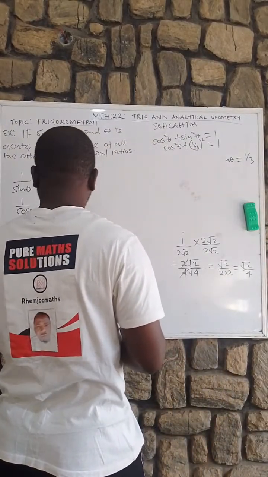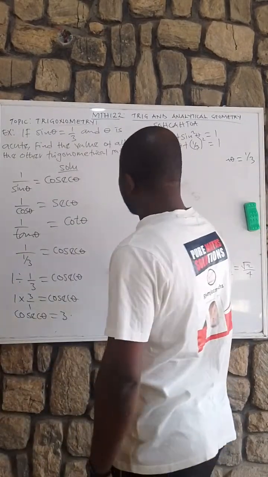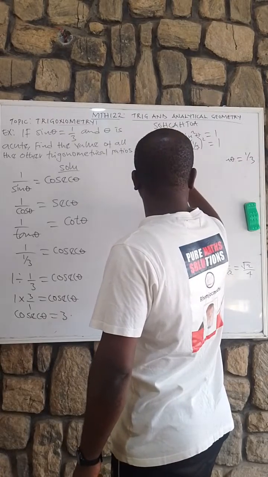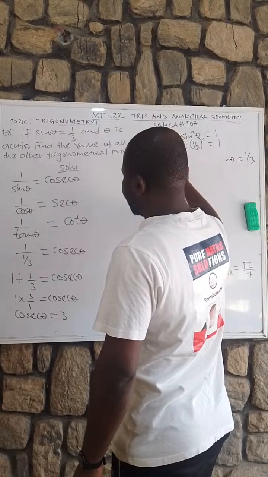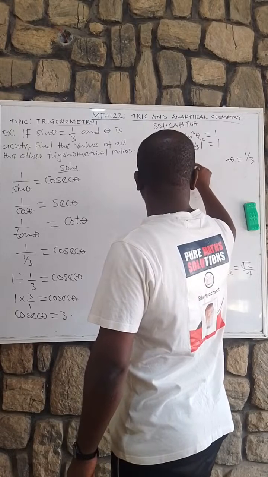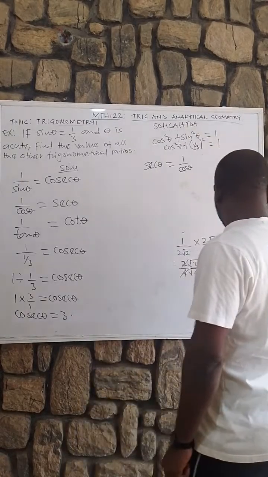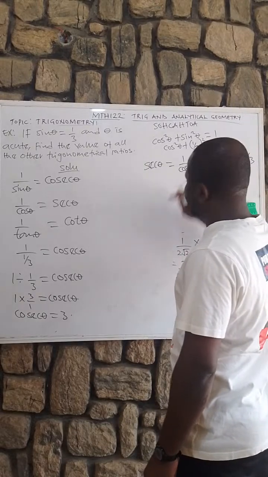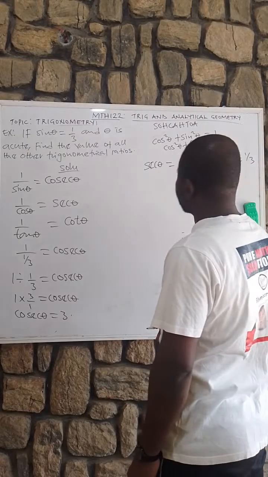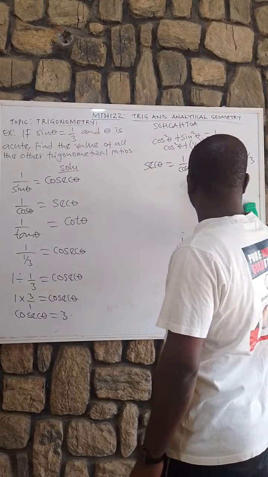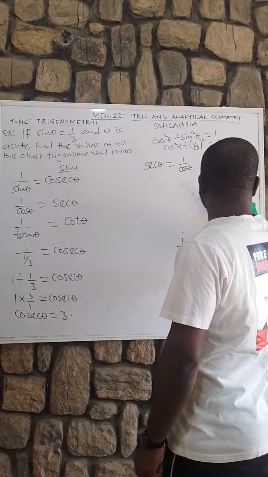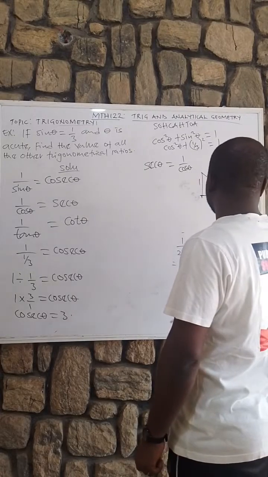Then, what is our sec? Let's find sec theta. Sec theta is equal to 1 all over cos theta. What is the answer of cos theta? I think we have 3, 1, 2 root 2, right?